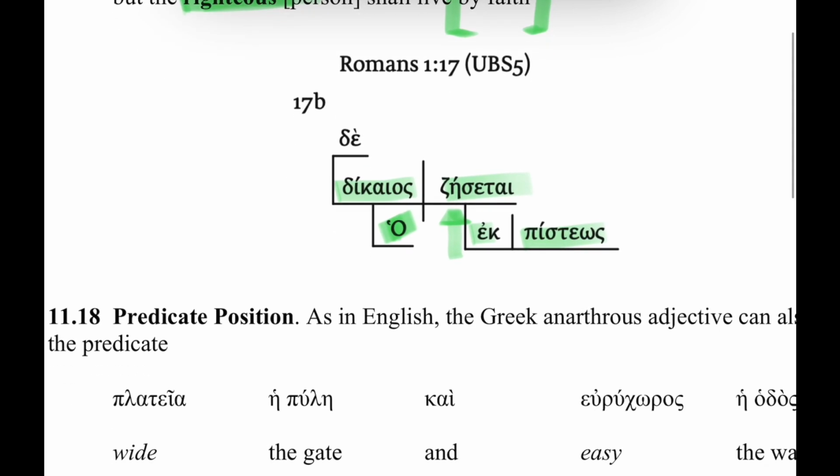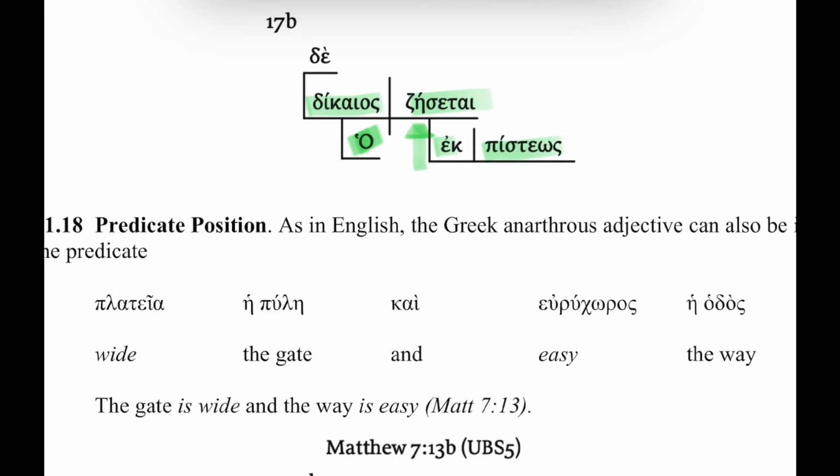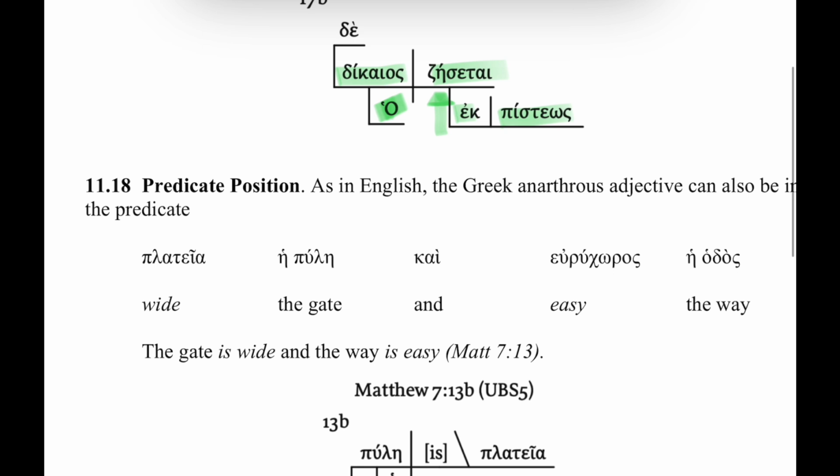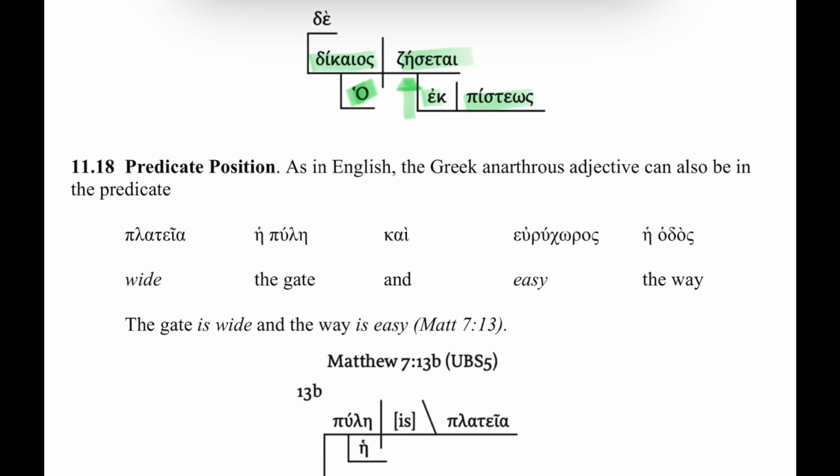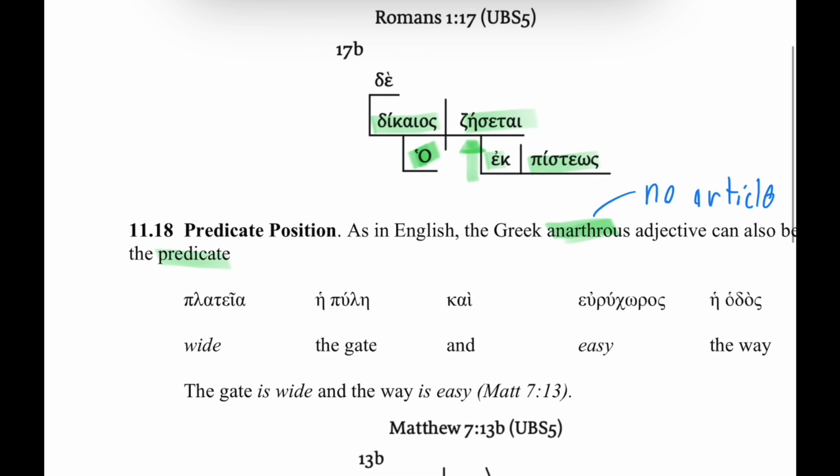All right, now we're going to talk about the predicate position for the adjective. So just like in English, the Greek anarthrous adjective, that is anarthrous meaning no article, can also be in the predicate. So I'm going to reference diagramming again here. When you have just a simple diagram, this line right here is the predicate line.